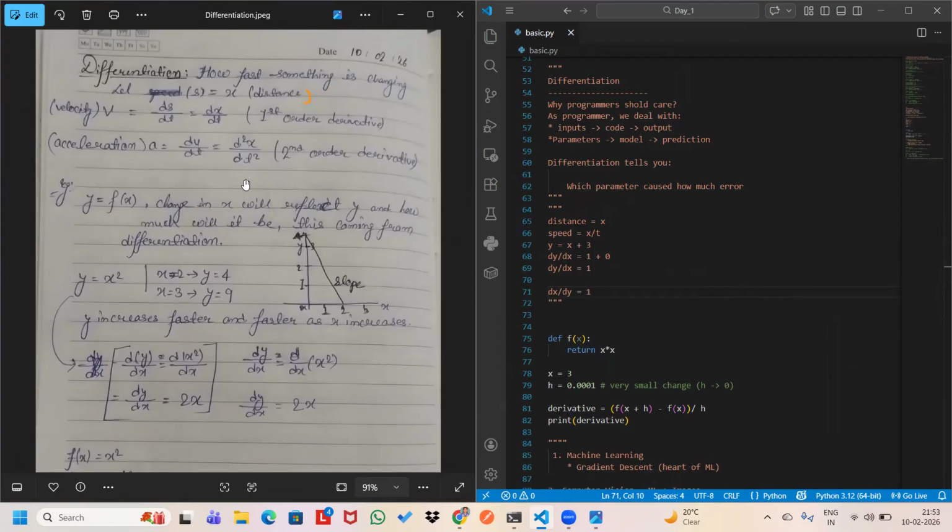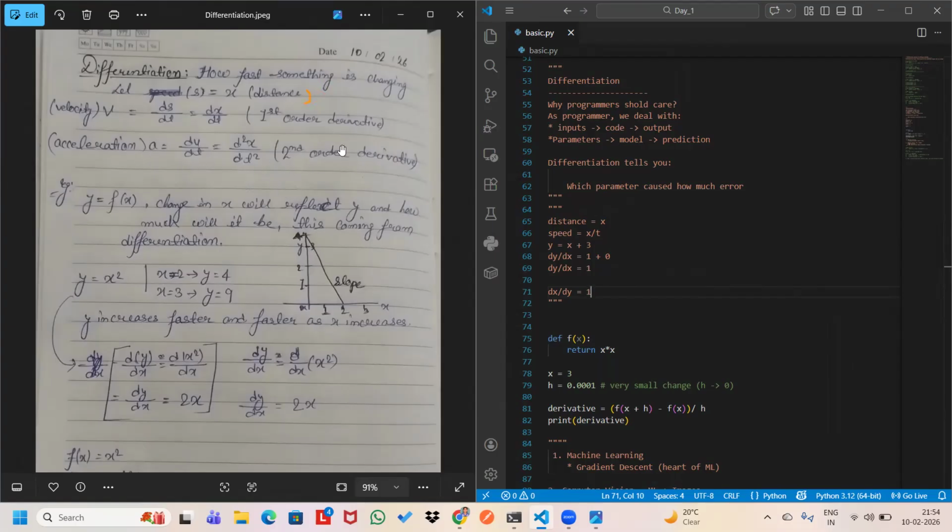If we differentiate distance with respect to time, it will give you speed, and if we differentiate speed with respect to time, then it will give you velocity, and again if you differentiate velocity with respect to time, then it would be your acceleration.